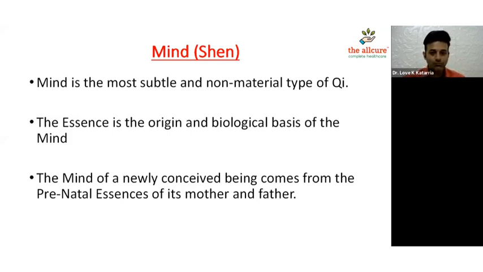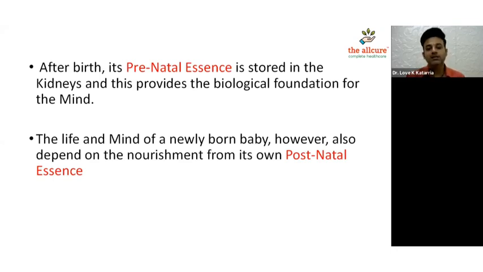The mind of a newly conceived being comes from the prenatal essence of its mother and father, so again, essences are required. After birth, the prenatal essence is stored in the kidney, and this provides the biological foundation of the mind.